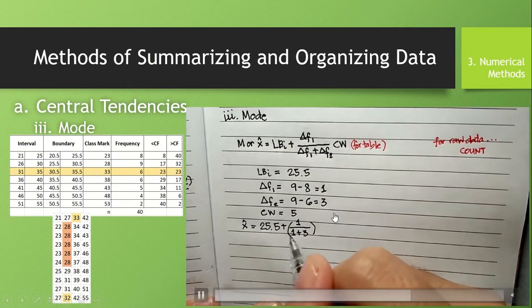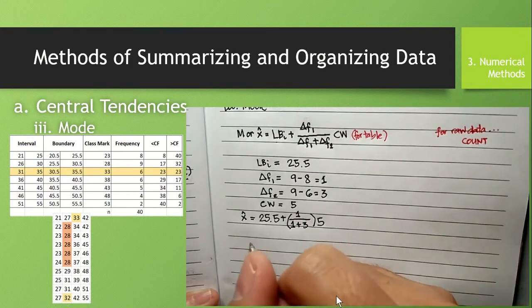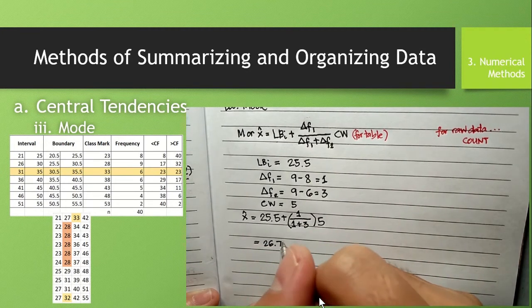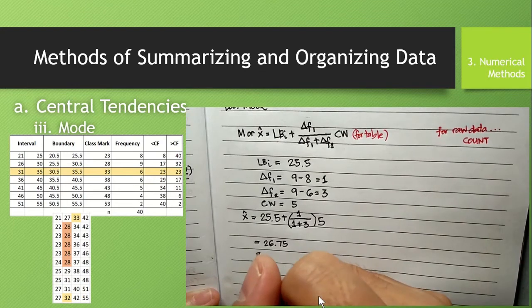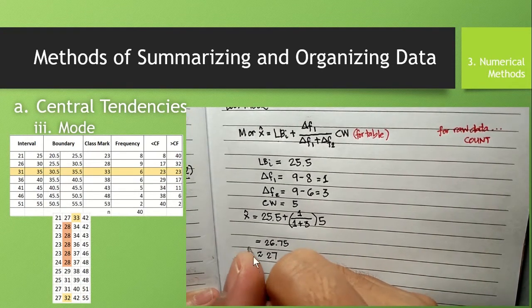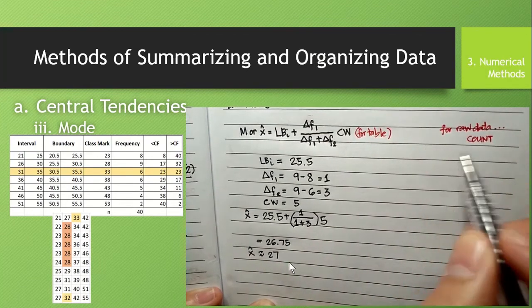Then multiply the term by the class width, which is 5. Then we'll get 26.75. We can approximate it to 27. Therefore, our x hat, or the mode, is equal to 27.